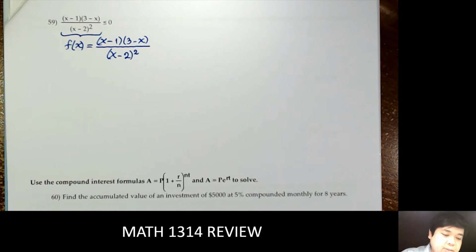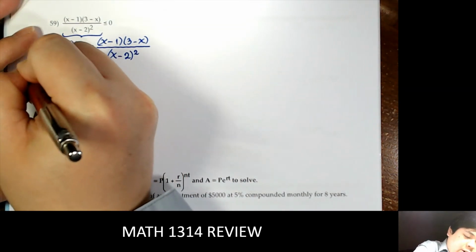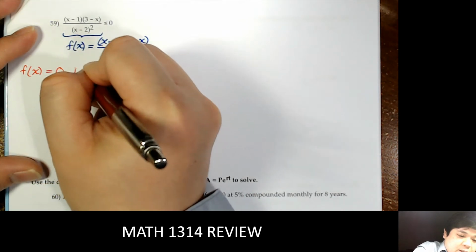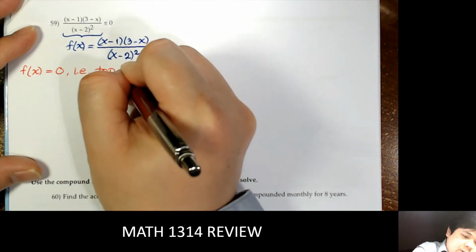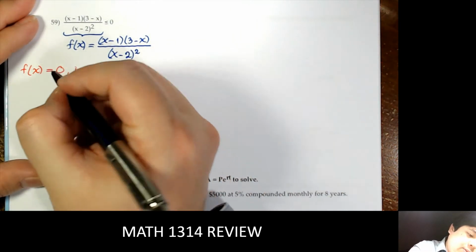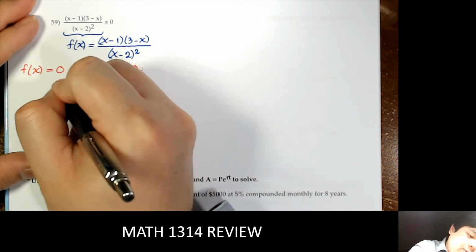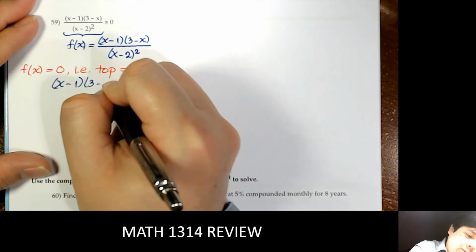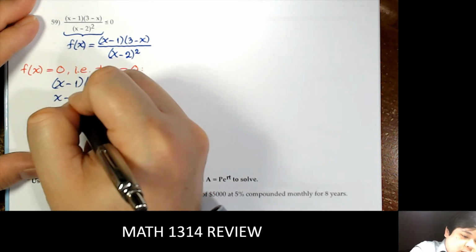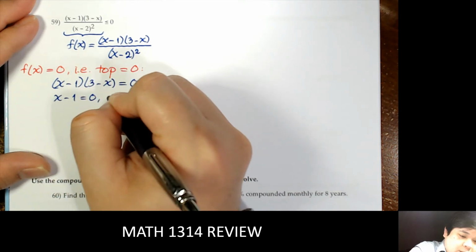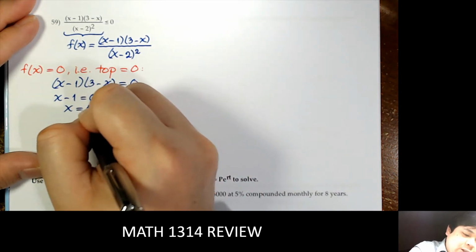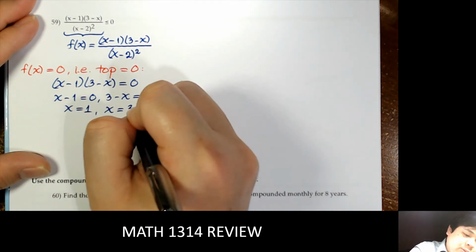Right. So first, we let the function equal to 0. That means the top is 0. So if x minus 1 is 0, 3 minus x is 0, so x equal to 1 and x equal to 3.